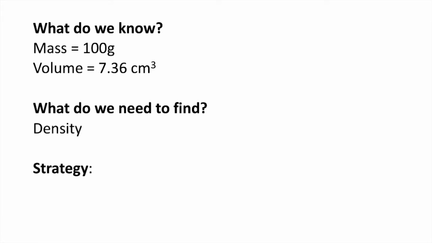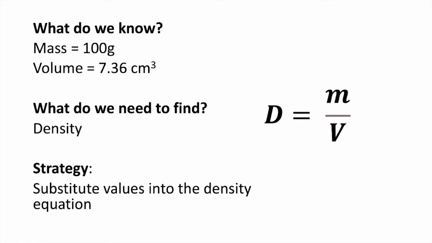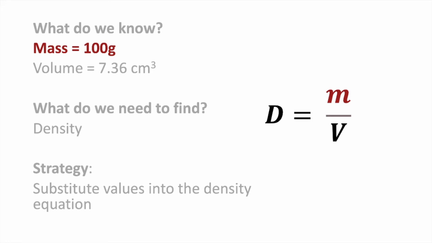So our strategy is to take our density equation and we are going to substitute our values into it. We're finding density, so it goes on the left. And then we're going to take our mass and we are going to plug it in where the M is.